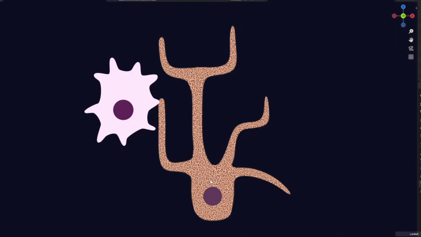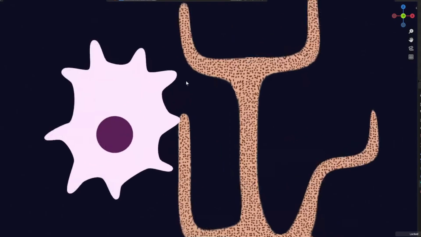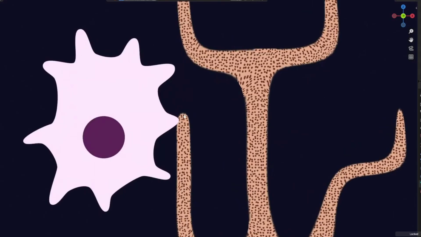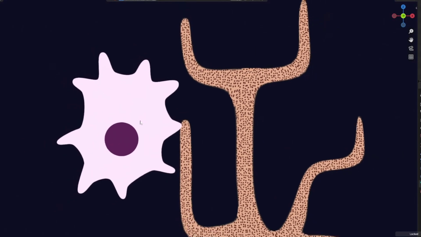Basically, the melanin pigments are created near the nucleus, where the ribosomes and Golgi apparatus synthesize the melanin pigment, and that will create some vesicles that contain the melanin pigment, and these vesicles will go into these processes.